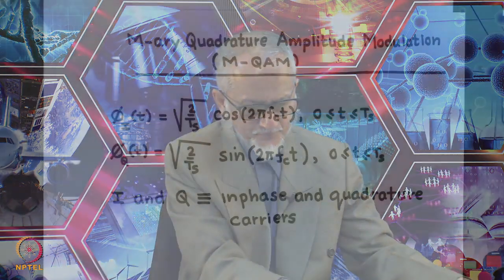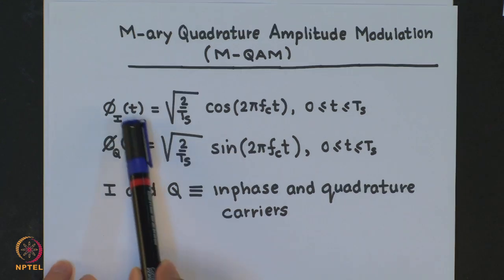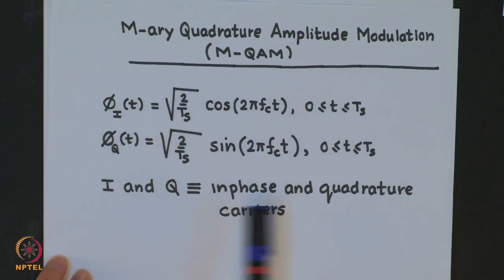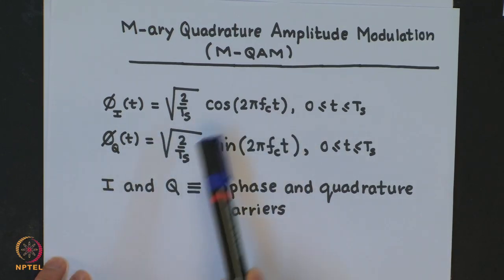QAM constellations are two-dimensional and they involve two orthonormal basis signals. These orthonormal basis signals are as follows: phi_I(t) and phi_Q(t). This is known as the in-phase carrier and this is known as the quadrature carrier.